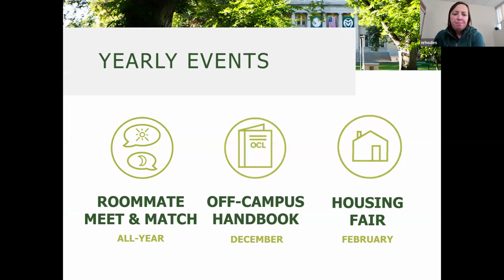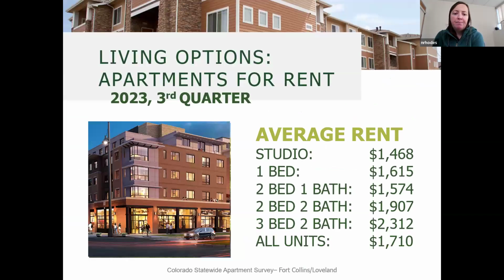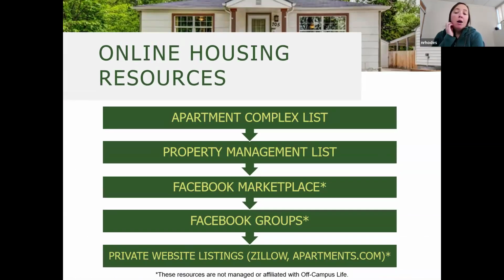I'll back up. Here's some other resources that you can look at on our off-campus life website. You can find an apartment complex list and a property management list that you can look at to find companies. But then outside of that, you're looking at a lot of private areas like Zillow, Apartments.com, Rent.com, Redfin.com.